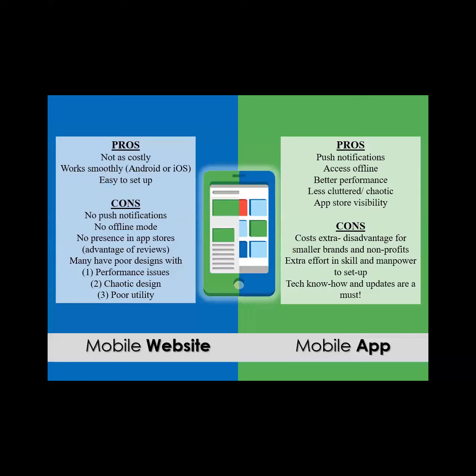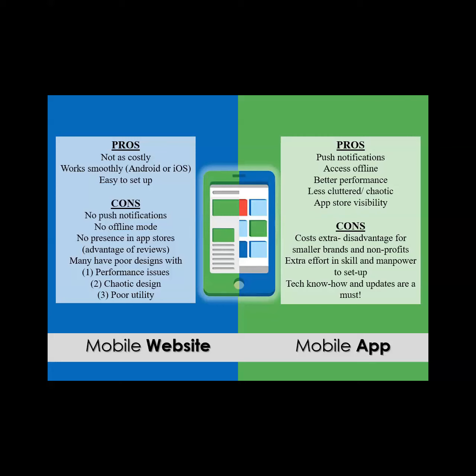So of course, there are pros and cons for each. For a website, the pros include cost. It does take a lot of time and money in app development. And a website is much easier to set up and works smoothly and is device agnostic. So it should work on an Android or iOS device easily.